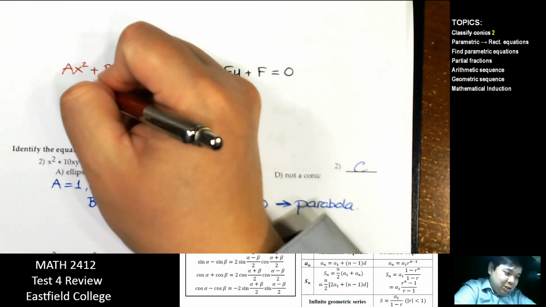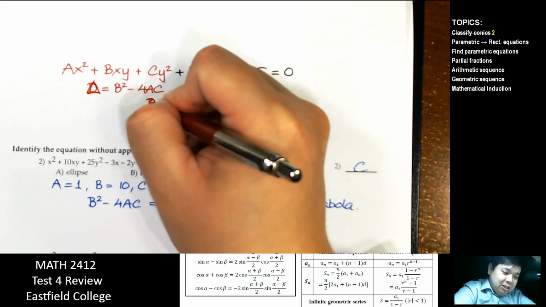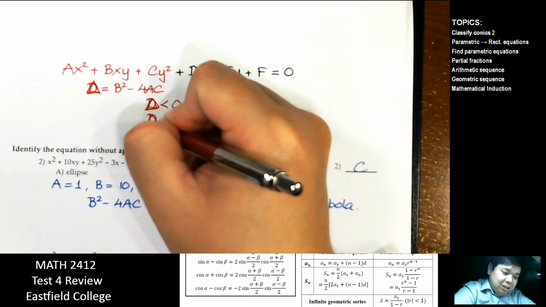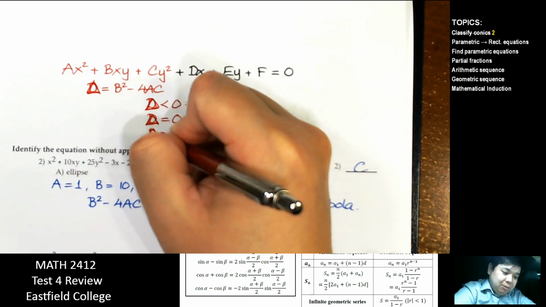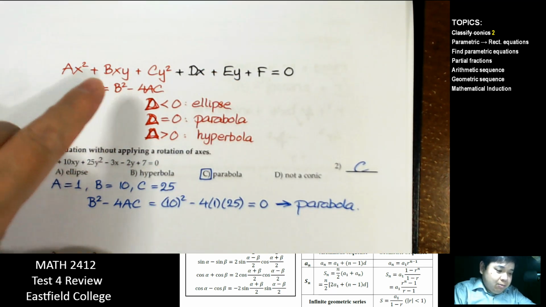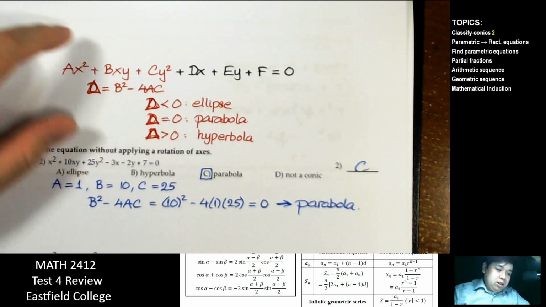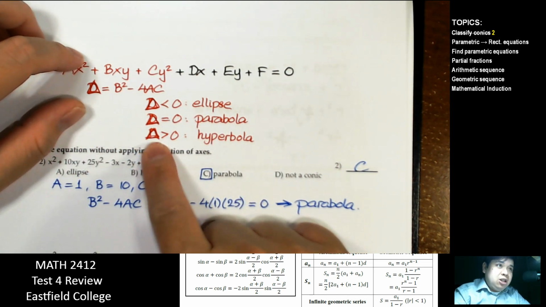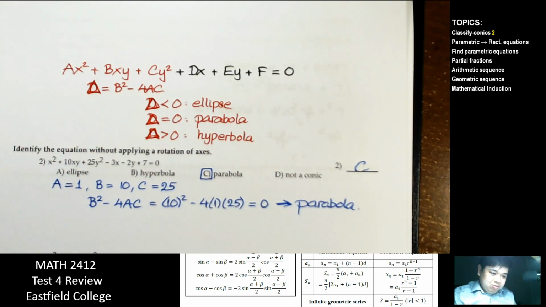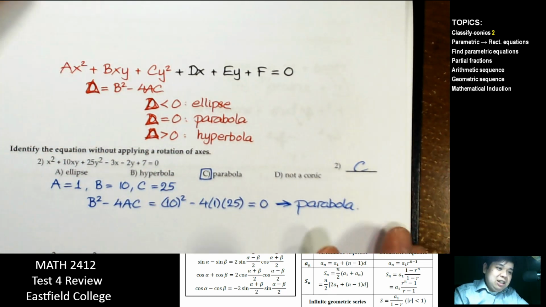So let's change that to delta. And if it is less than 0, ellipse; equal to 0, parabola. Hyperbola will be greater than 0. Hyper meaning greater than 0, I mean that makes sense.